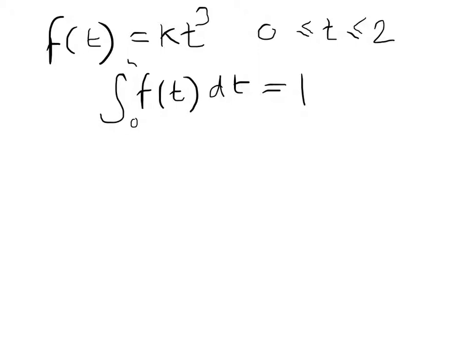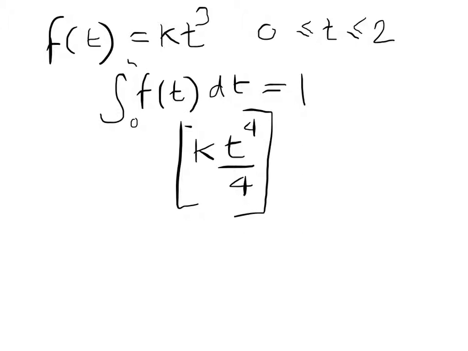So the integral of kt cubed then is going to be k times t to the power 4 all over 4, between 2 and 0.